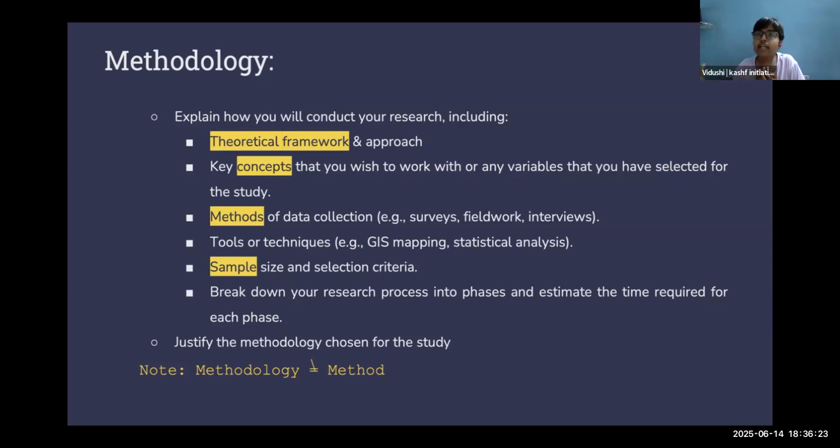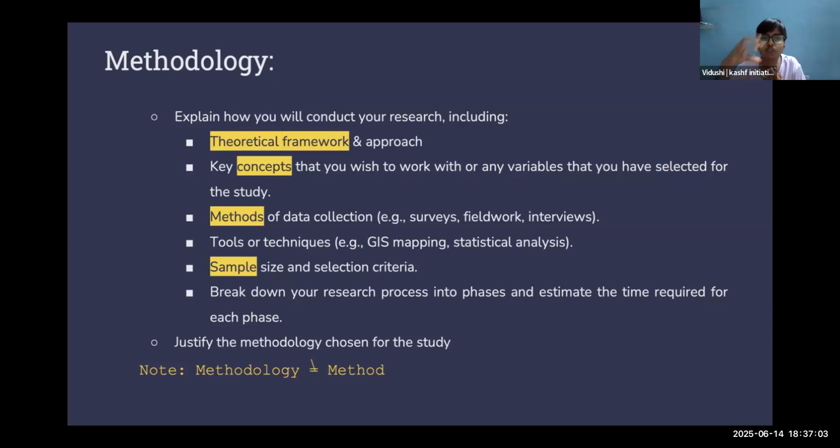So some people, when they talk about the methods section in their research proposal at a very initial stage, directly go to the methods of data collection: would you be doing surveys, field work, interviews, where will you be doing your study, for how long, what kind of sampling methods you will be using, whether you're going to use certain special techniques, and also special forms of analysis like statistical analysis, or are you going to do GIS mapping. So all those kinds of deliberations happen in the section on methodology.